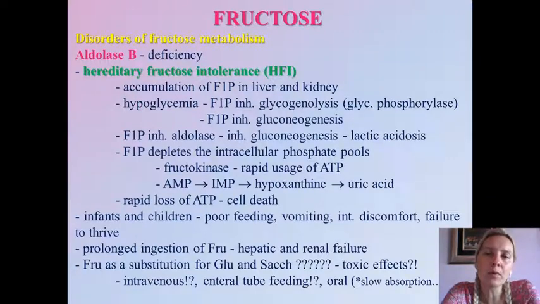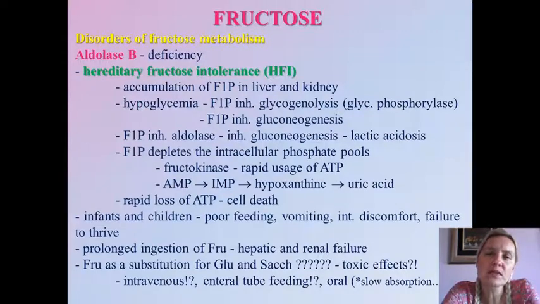And the reason why hypoglycemia occurs, I need to remind you about the regulation of other metabolic pathways of sugars. When we mentioned that fructose 1-phosphate inhibits glycogenolysis, I mean the enzyme glycogen phosphorylase. It also inhibits gluconeogenesis, and this is going to be the next video.